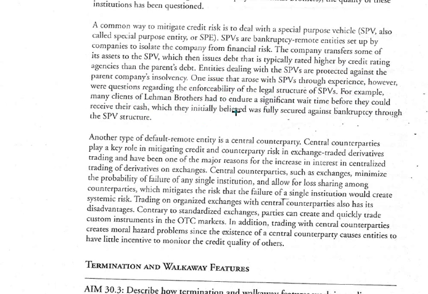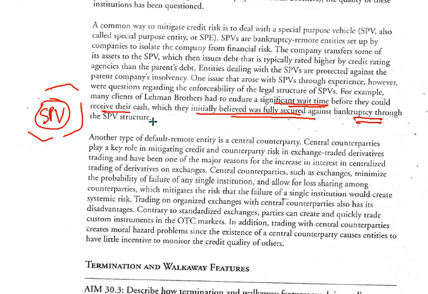They had this Lehman SPE and thought it was bankruptcy remote, but they had to wait a long time for cash which they initially believed was fully secured against bankruptcy. So there can be practical issues. Theoretically it is bankruptcy remote, but it can take some time to get your money back.